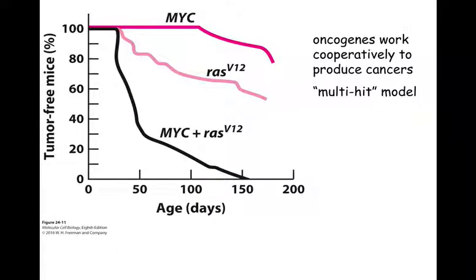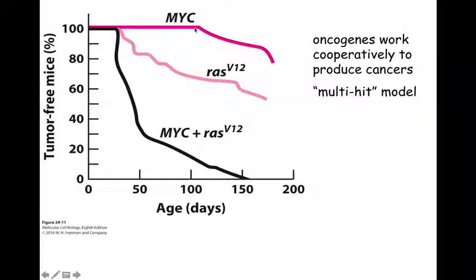So one thing about oncogenes that seems to be true, has been shown in lots of studies, is that they cooperate in terms of the uncontrolled cell growth phenotype. So if we look at an oncogene like MYC, just the name of an oncogene, and we look at how likely is it to cause a tumor if this oncogene is expressed in mice. So mice usually live out to, say, 200 days.